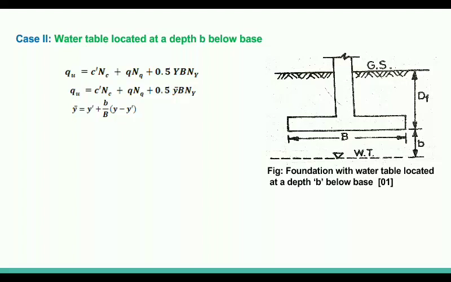By using this relation, you can calculate the value of gamma bar, right? This gamma bar is always used when the water table is at some depth from the base of the footing, where small b is the distance of the water table from the base of the footing, and capital B is the width of the footing.